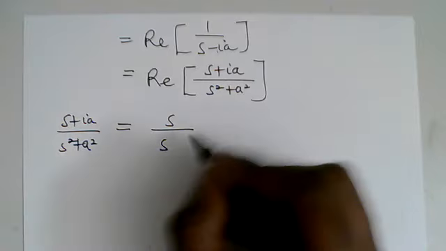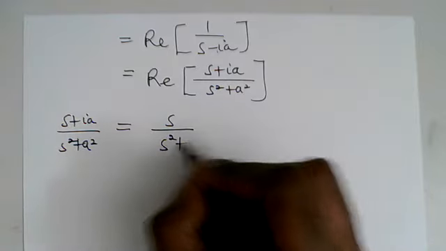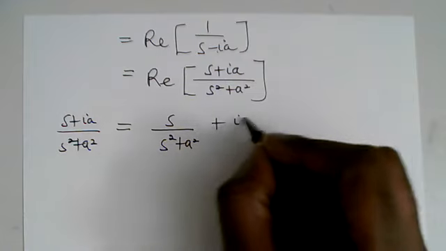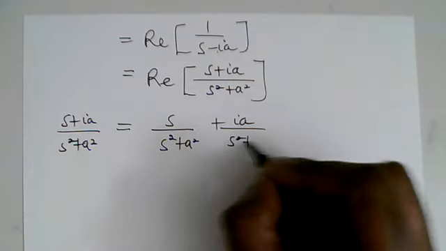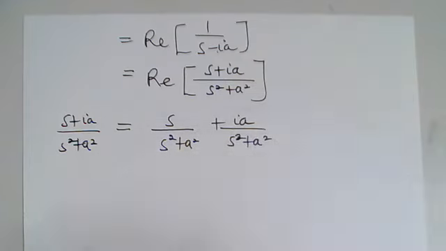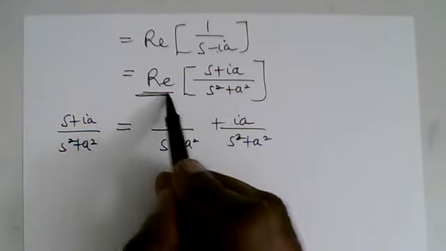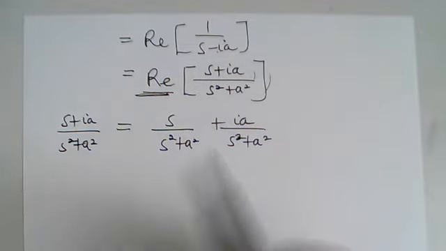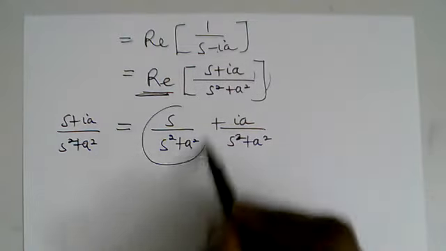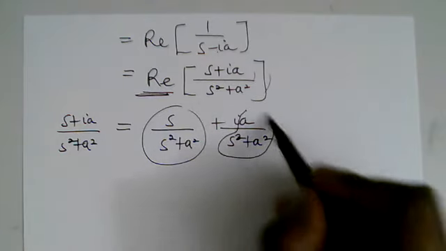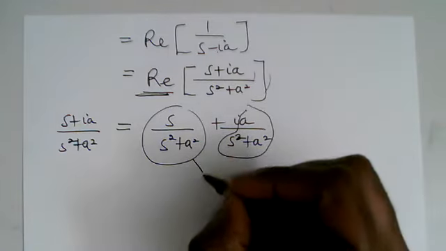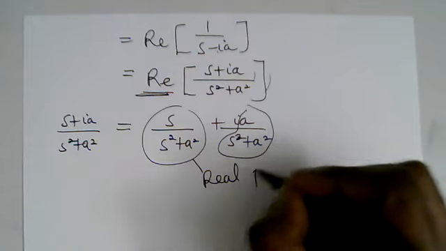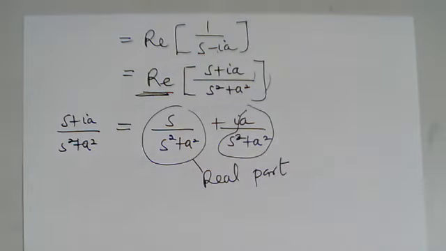When I multiply that, I get s squared plus a squared, remembering that i squared is minus 1, which makes this a plus. Now I can break this into two: s over s squared plus a squared plus ia over s squared plus a squared. This tells me I take the real part of this: this is the real part, and this is the imaginary part. So this is the real part that I'm after.